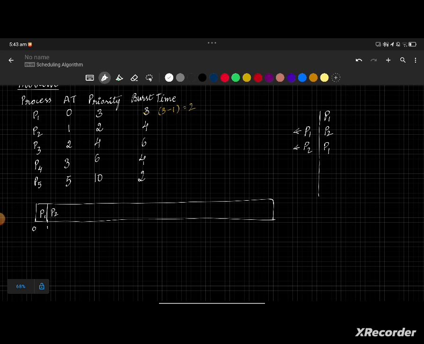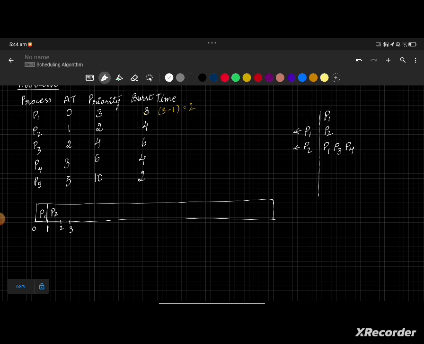Irrespective of who comes, P2 completes 1 millisecond, that is up to 2. At 2 we check which process is coming in. P3 comes in, but P3 has priority 4, which is lower priority. So P2 completes another millisecond till 3. During 3, P4 comes with priority 6, which is lower compared to P2.